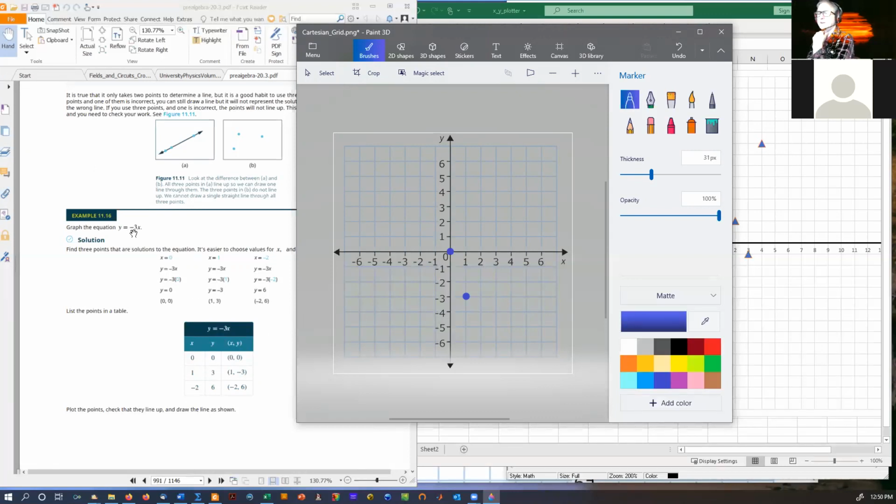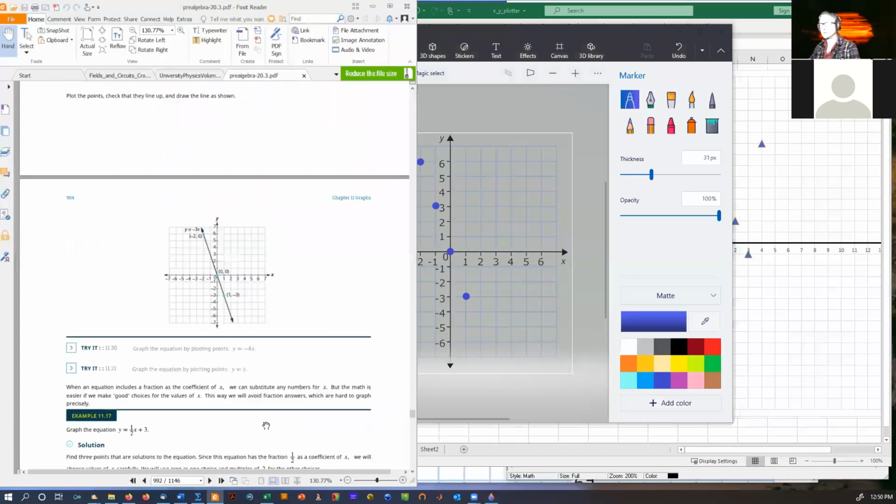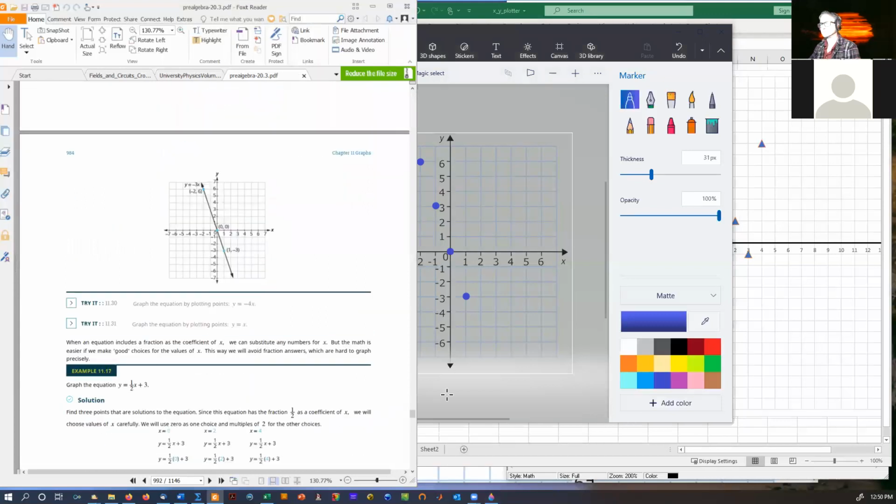When x is equal to negative 1, negative 3 times negative 1 is positive 3, so y is equal to 3. Then they've got negative 2 and positive 6, because it's the same thing. So there's our straight line going like this, and if we go down in the book, we'll see they get the same thing.